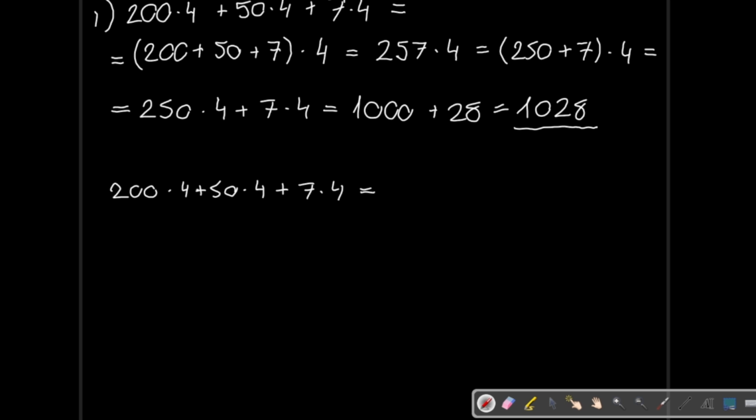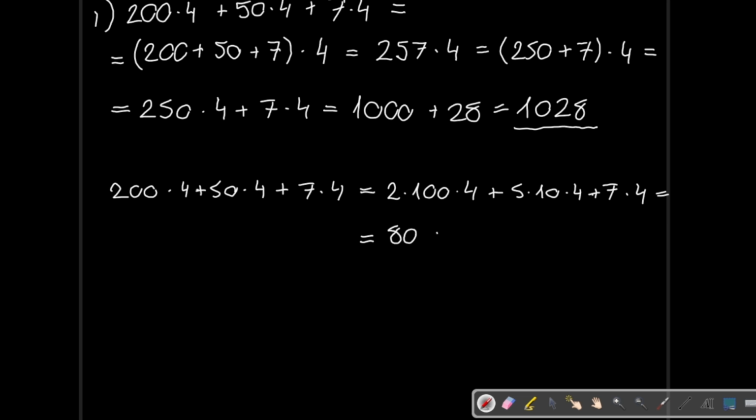We have 200 times 4, which is just 2 times 100 times 4. Then we have 5 times 10 times 4. And then we have 7 times 4. So 2 times 4 is 8.